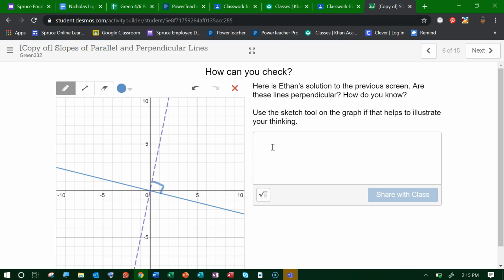So I'm going to say they look perpendicular, but I can't say for sure.